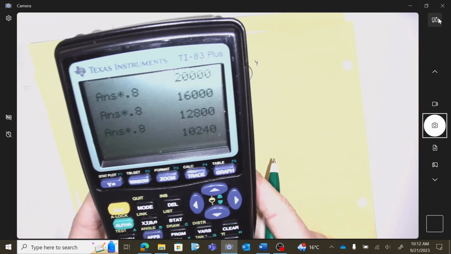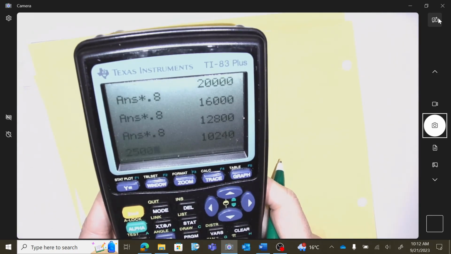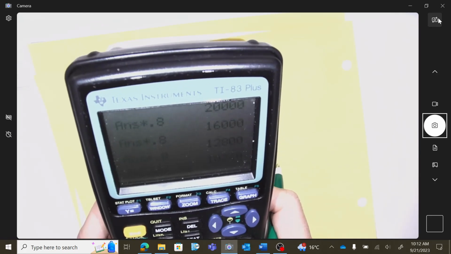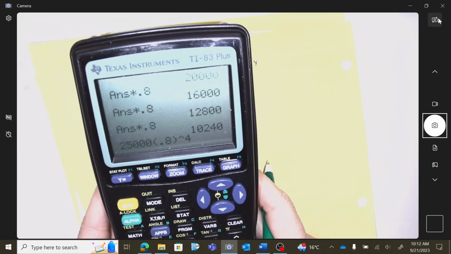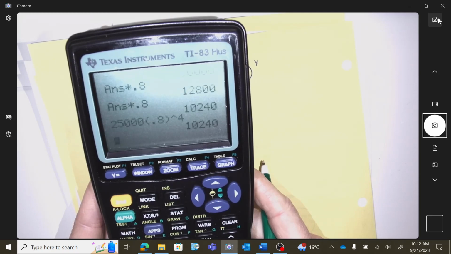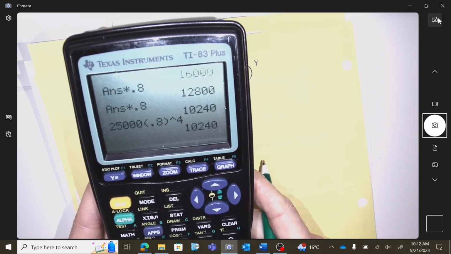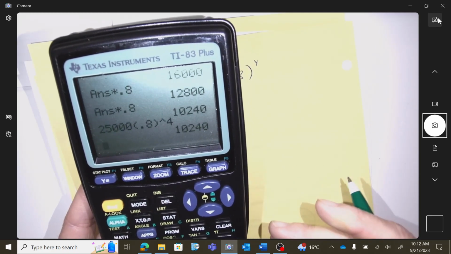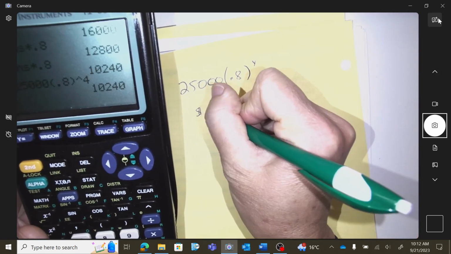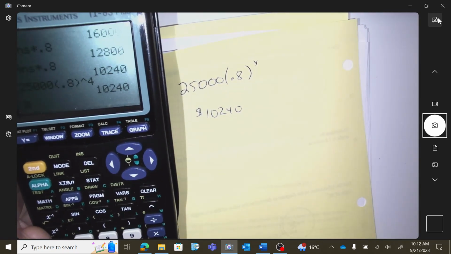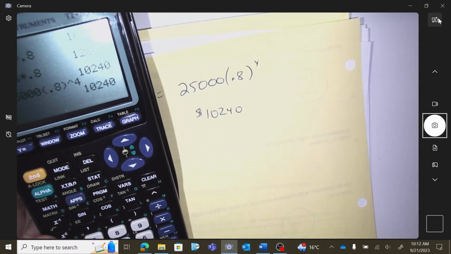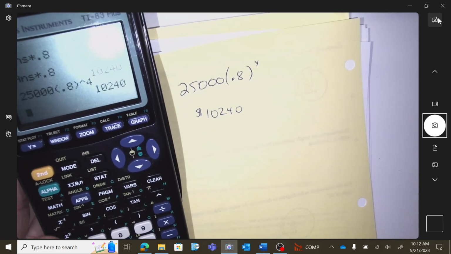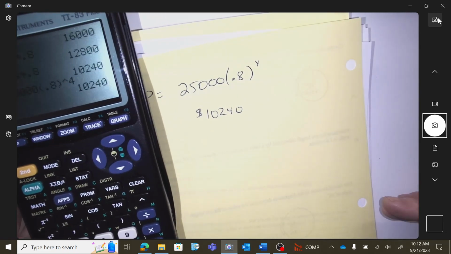Or faster would have been to the exponent 4. But that's what's happening. I wanted to do it a bunch of times so that you could see that each year, it's 80% of its value, then 80% of that value, then 80% of that value.